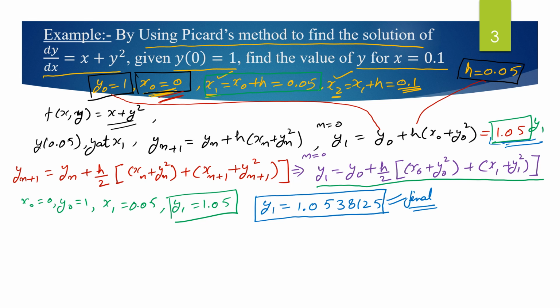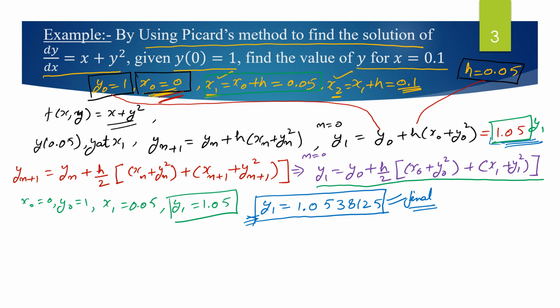This y1 is from the Euler formula, and this y1 is by the modified Euler formula, whichever formula we are using. That means to calculate the solution by using the modified Euler formula, we have to calculate first by the Euler formula.